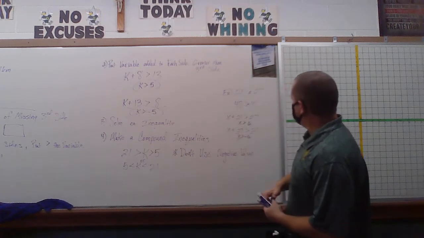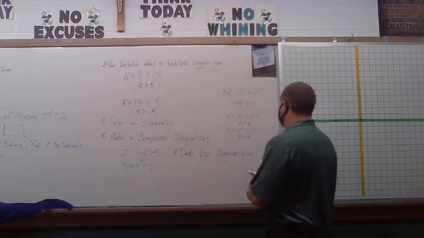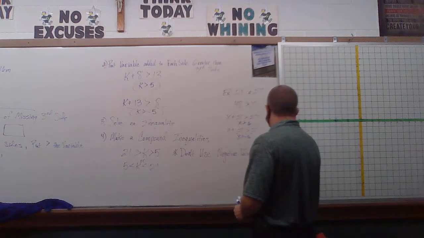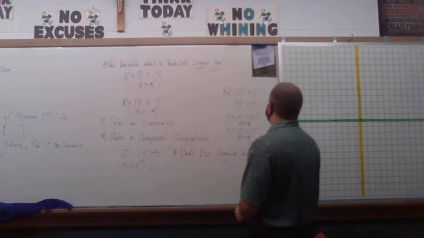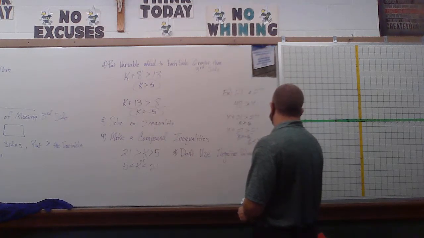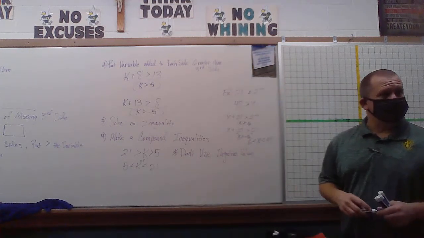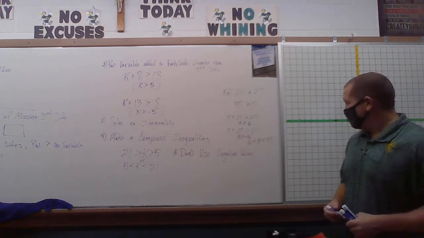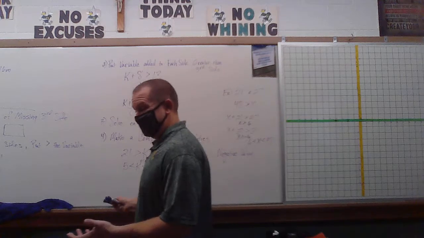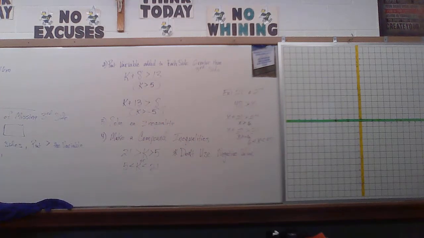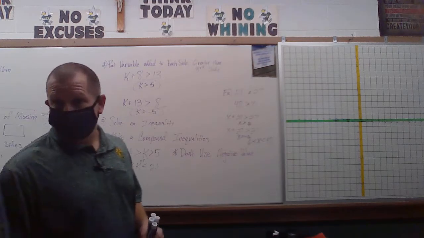So my grand total should have been x is greater than 6 and x is less than 48. Is that what you got? All right. That's it for today. All you gotta do, those two things. Piece of cake, right?